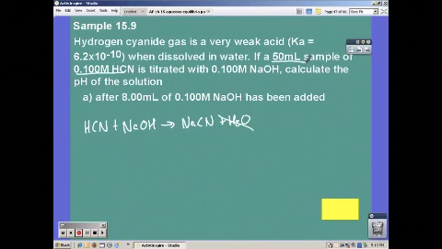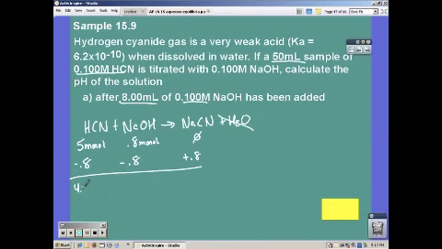We can ignore our water. We need moles. So 0.05 times 0.1 gives us 5 millimoles. And 8 times 0.1 gives us 0.8 millimoles. So earlier it should have been 50 times 0.1. So we have 4.2, 0, and 0.8 millimoles.